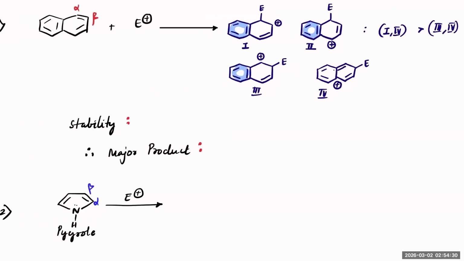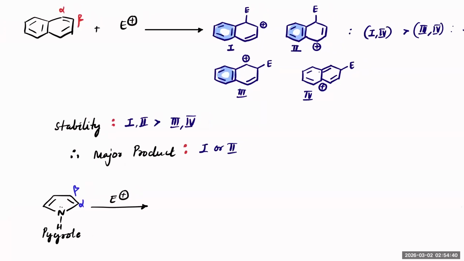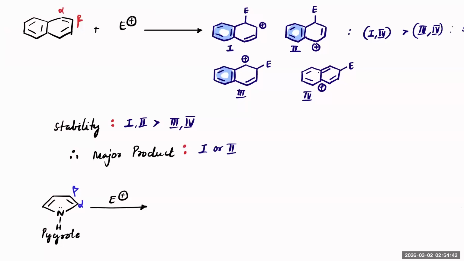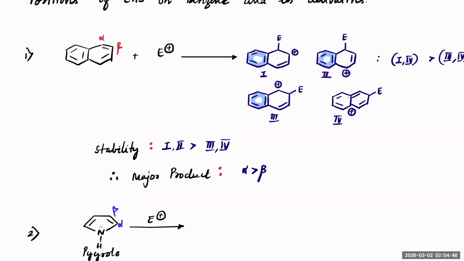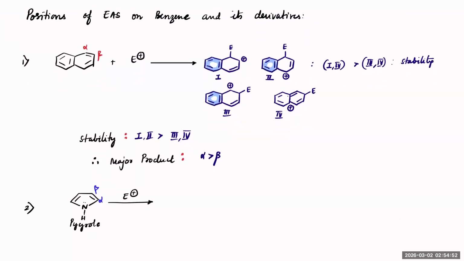In terms of stability, 1 and 2 are greater than 3 and 4, and the major product will be 1 or 2, since they are the same group. So I'll just write down: alpha is major over beta. Clear? I hope all of you understood what happens in the naphthalene case. In naphthalene, alpha is greater than beta.